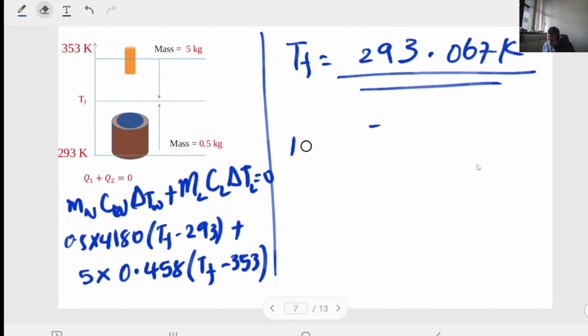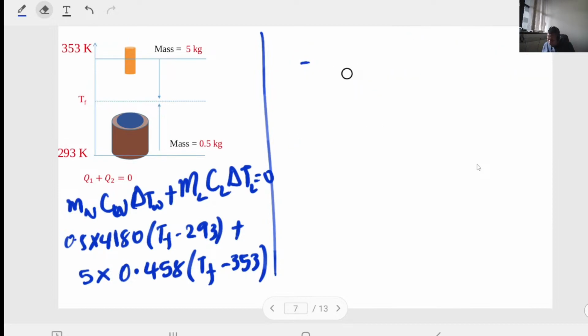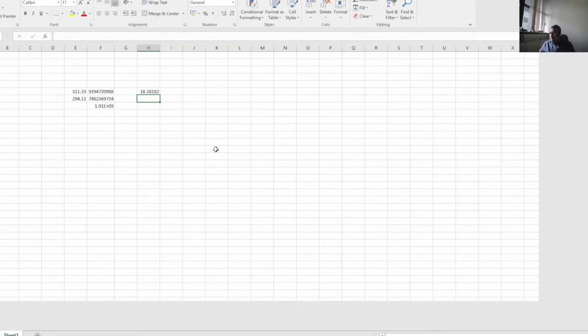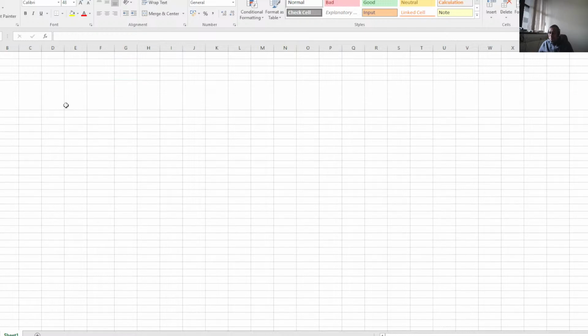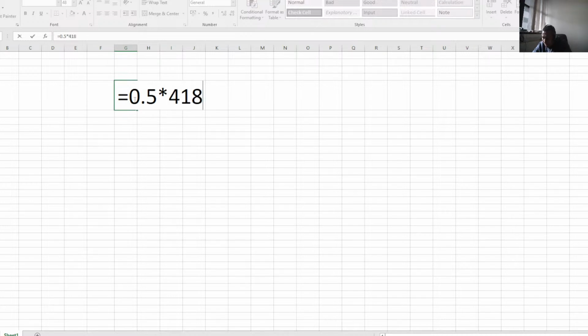But let's do this one with Excel. I'm going to do it by number. Delete this, hopefully everybody can see. I'm going to increase this to big, 48. Equals 0.5 times 4180.